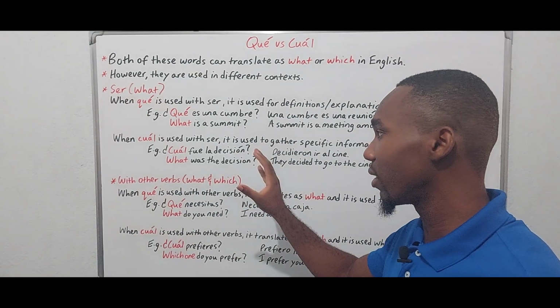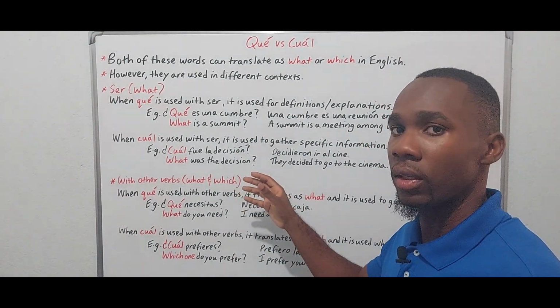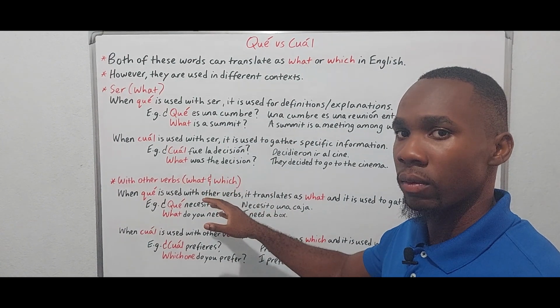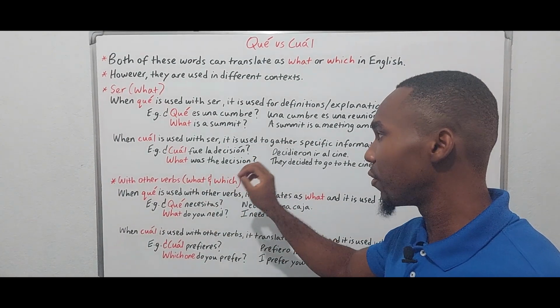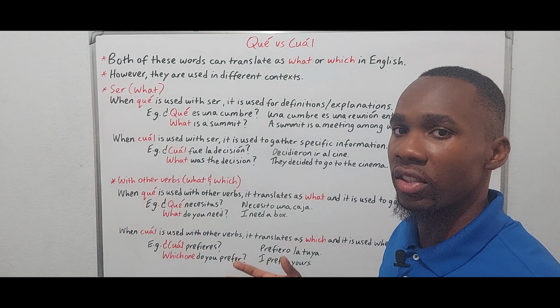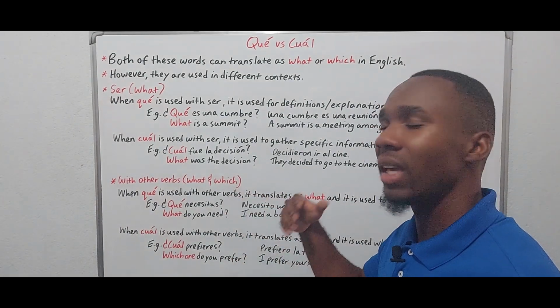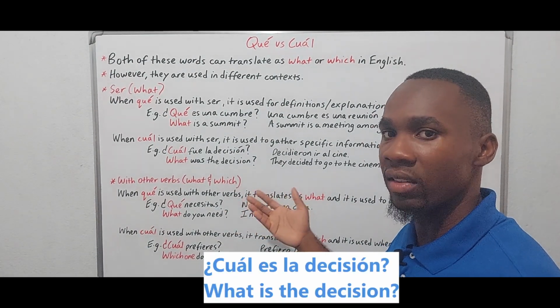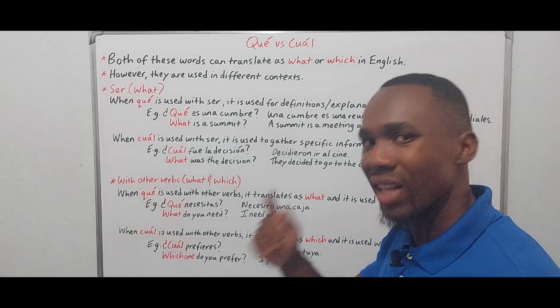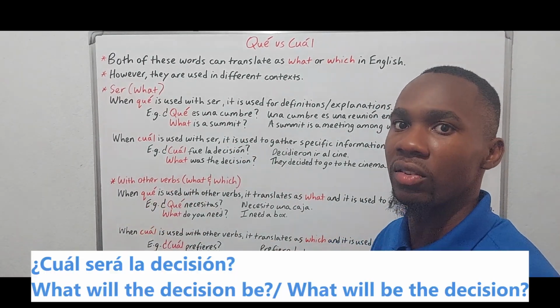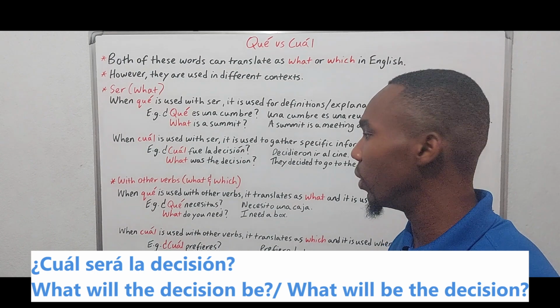But because I am asking for specific information, I need to use cuál, okay? ¿Cuál fue la decisión? I could change the tense, of course. ¿Cuál es la decisión? What is the decision? ¿Cuál será la decisión?